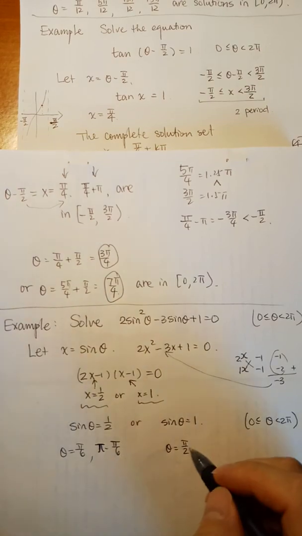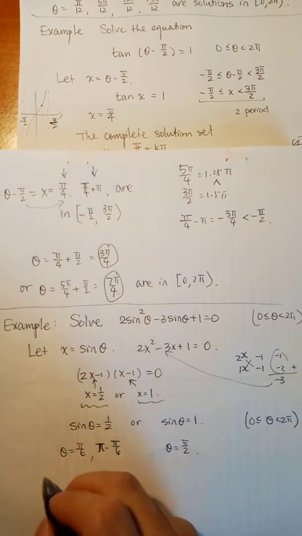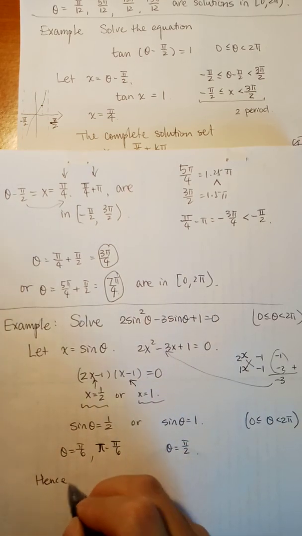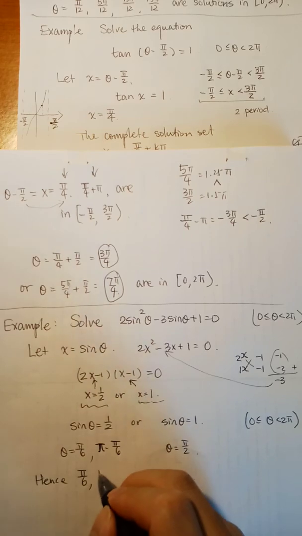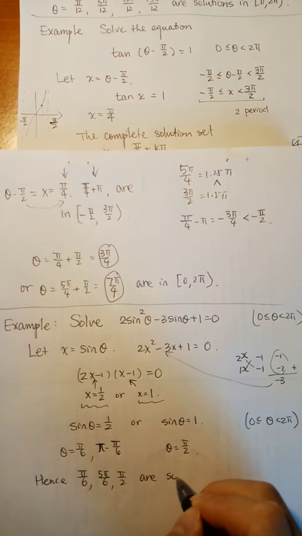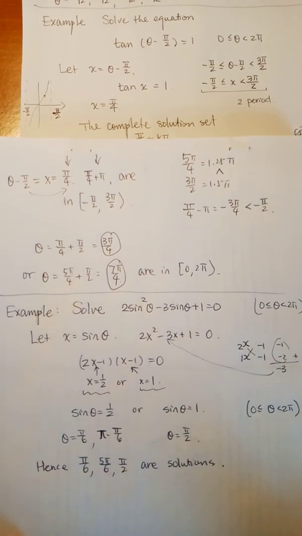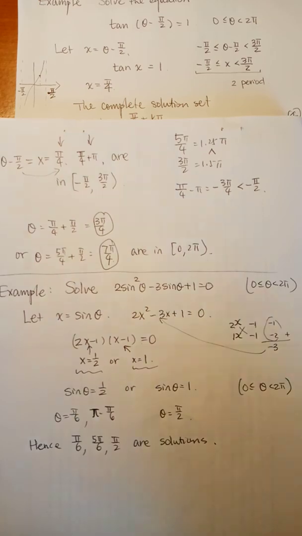And pi minus pi over 2 is itself, so you don't write it. That's all. So pi over 6, 5 pi over 6 and pi over 2 are solutions. Okay, so now that's a complete solution.